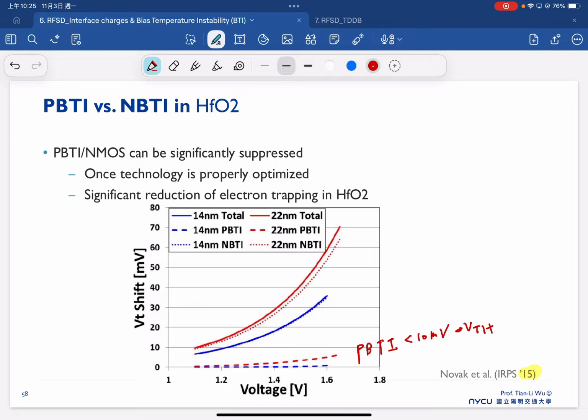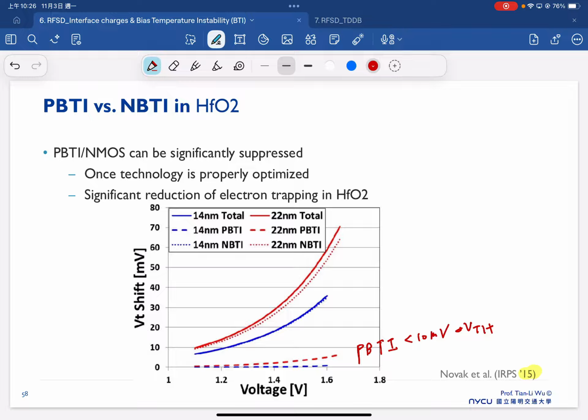For sure, all university-produced chips suffer from this huge issue. You immediately get more than 50 millivolt, even 100 millivolt, with only 1 second of stress. But in reality, what we want is below 30 millivolt. That's a typical spec, but in industry products, we can make it less than 10 millivolt in a 22 or 14 nanometer technology.